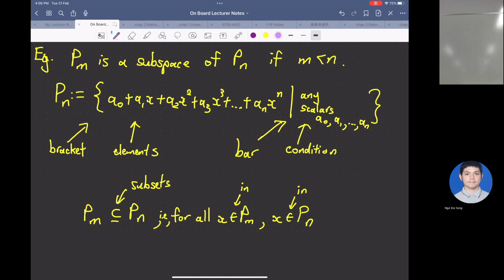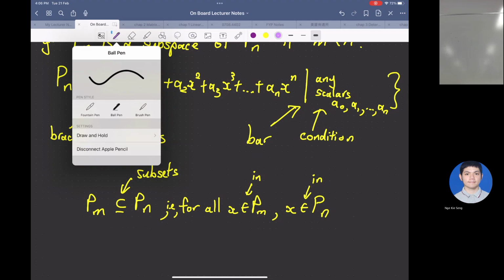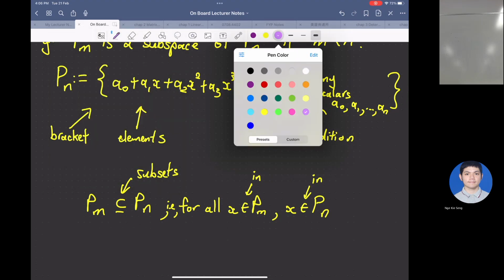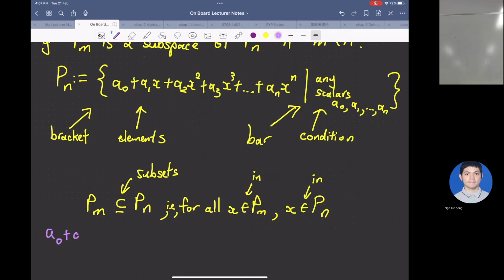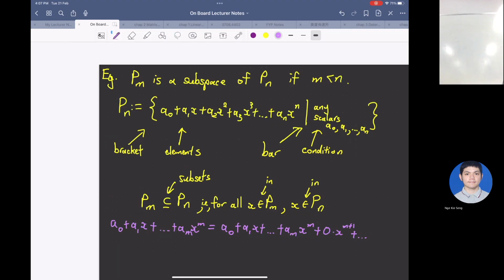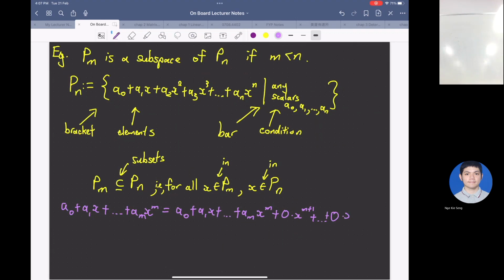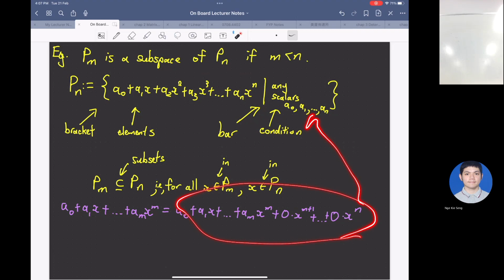So for everything in Pm, how do you express it? It is a0 plus a1x plus all the way up to am x to the power of m. But you can rewrite it as a0 plus a1x plus dot dot dot plus am x to the power m plus 0 times x to the power m plus 1 all the way to 0 times x to the power n, so that it is actually an element in Pn.